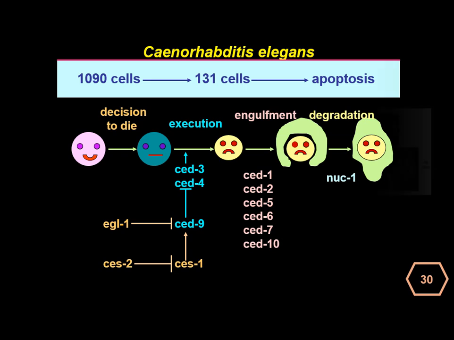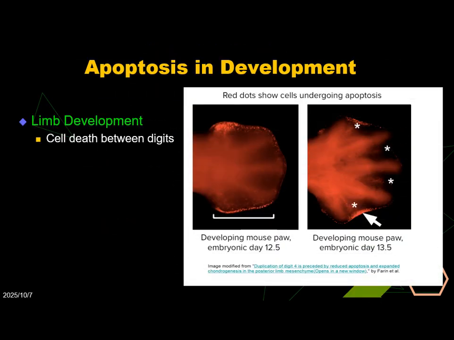Apoptosis is also important for limb development. So it's important for your digit formation. When you were born, you should have 5 fingers on each hand.